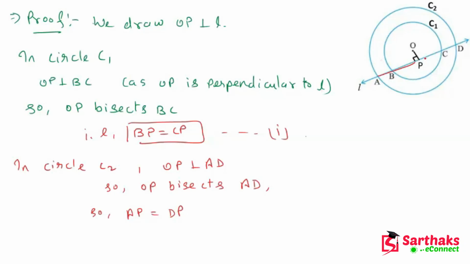Let's suppose this is equation number 2. The reason is the same: a perpendicular drawn from the center of a circle to a chord bisects the chord.